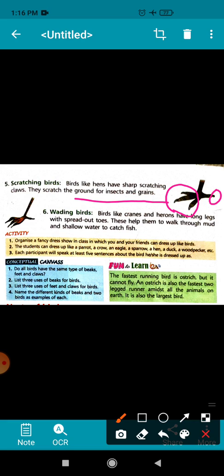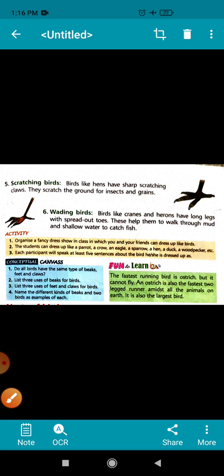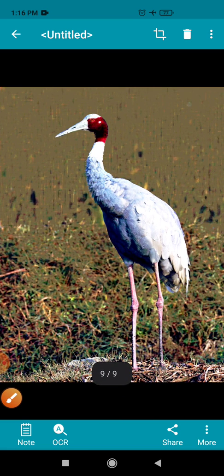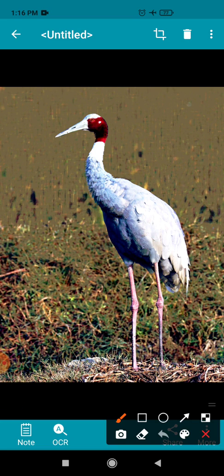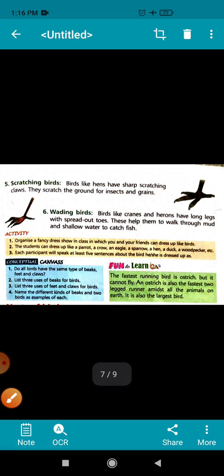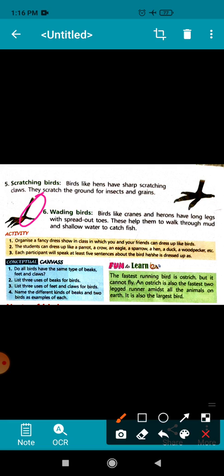Okay, now the sixth type of birds are known as wading birds. Children, here you can see the picture of a wading bird. This is a crane. Here you can see long legs and they have spread toes.